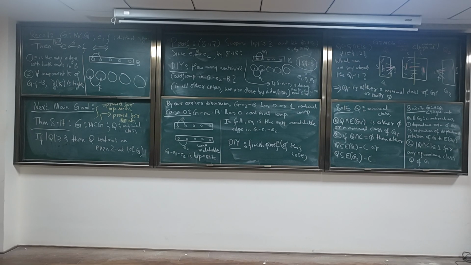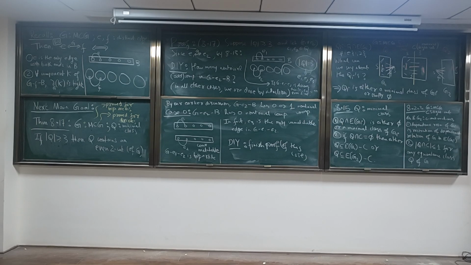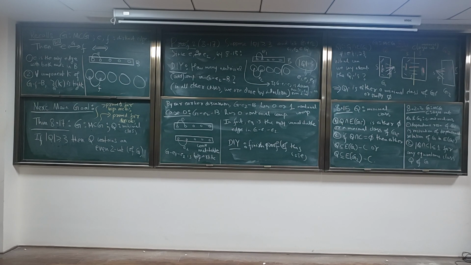Because if there were, they would also be unmatchable, which we know is not true. Remember, E1, E2, E3 all belong to a perfect matching, or none of them belong to a perfect matching, given any perfect matching of the graph. That should also help you in the counting.